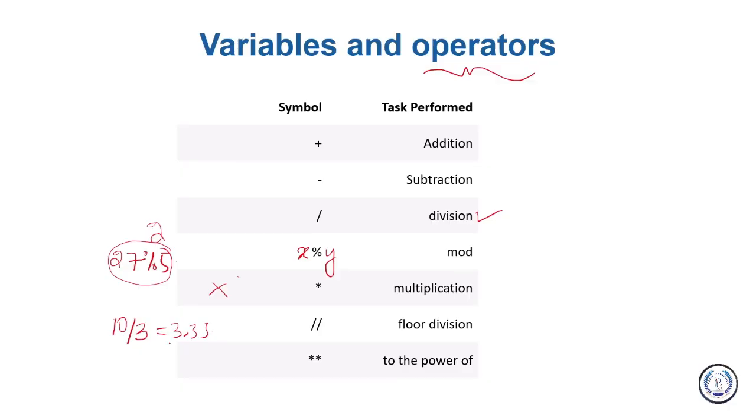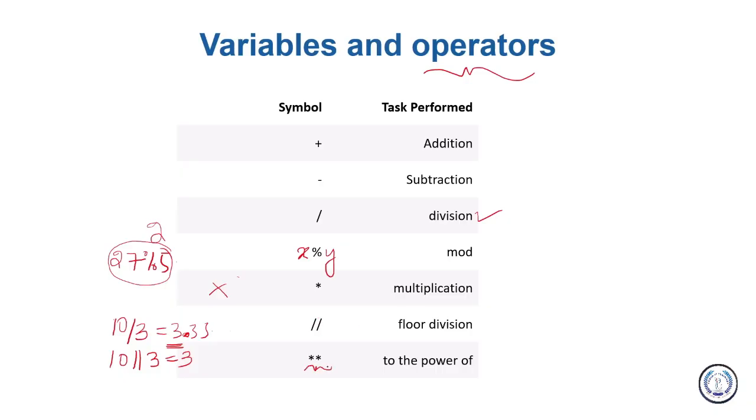But if you want just a quotient, not the remainder, if you want the integer value, 3, you write 10 double slash 3, and it will return just the value that is there before the decimal expansion. So this value will be returned. So this is kind of the integer division or floor division.